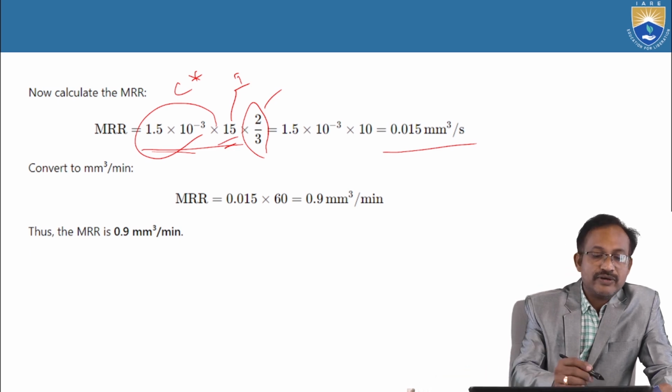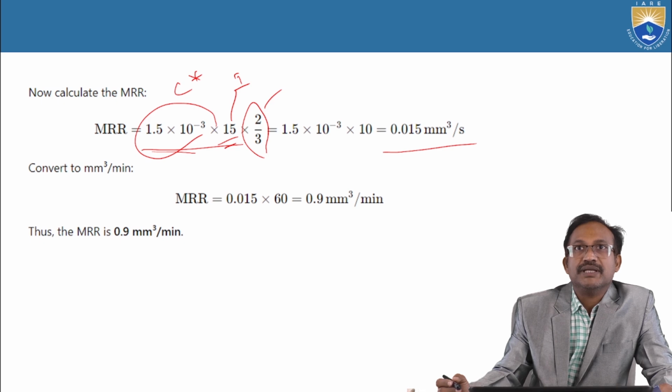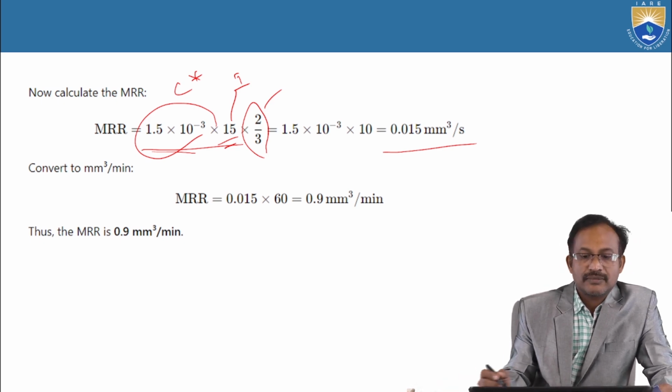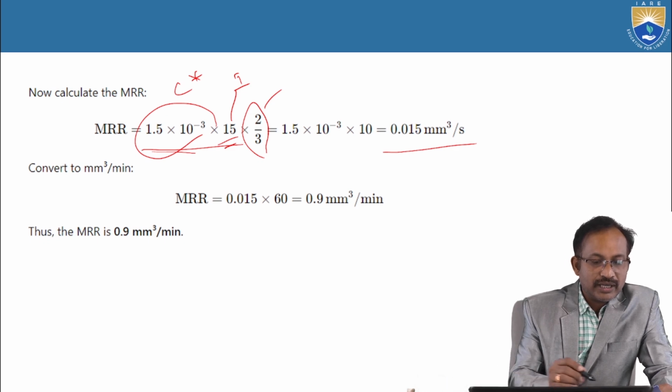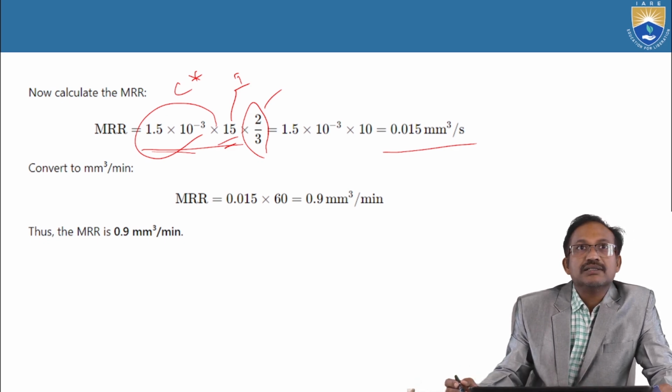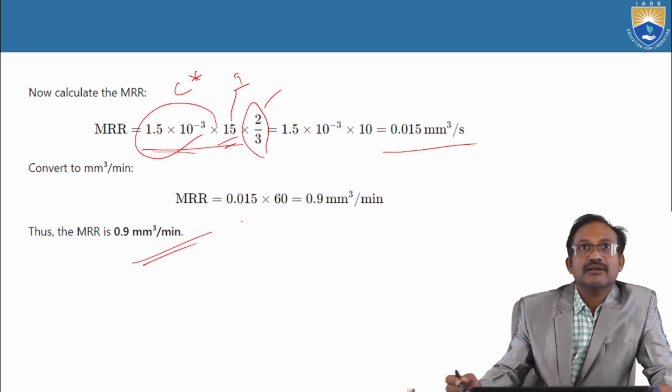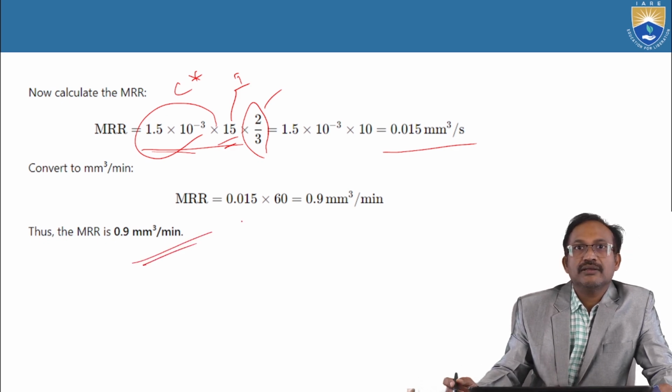Now convert to mm³ per minute, so that we get the MRR: 0.9 mm³ per minute. Thus the material removal rate is 0.9 mm³ per minute.